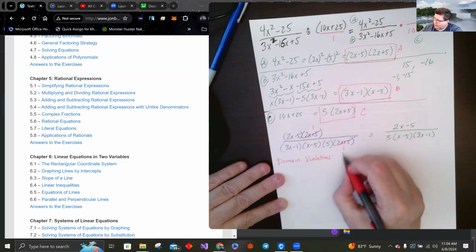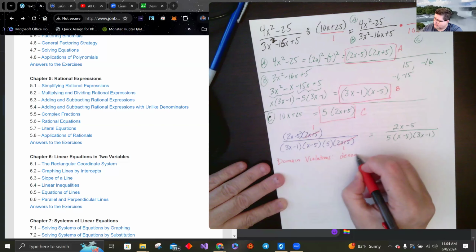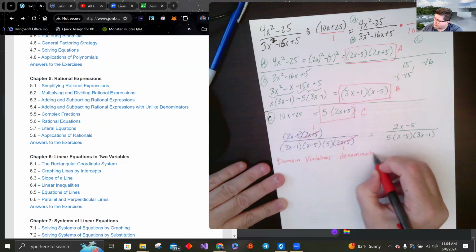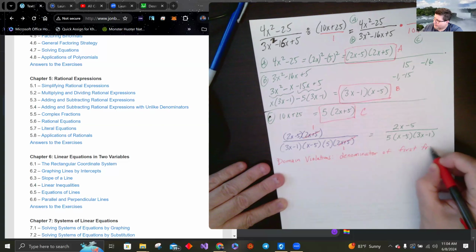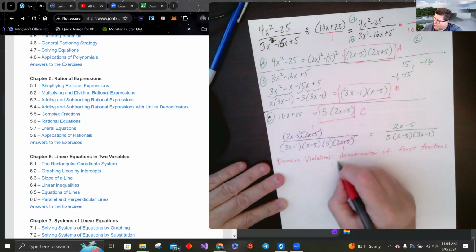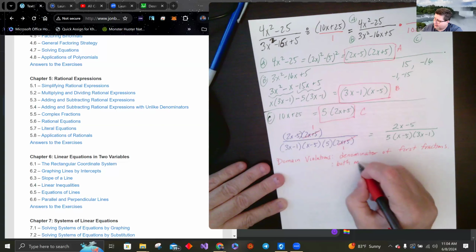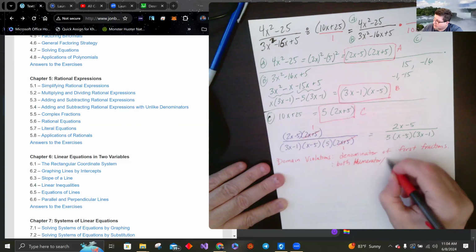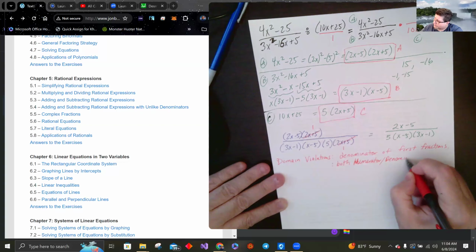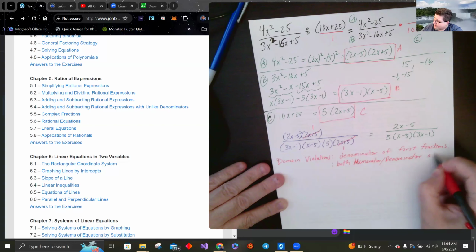are denominator of first fraction, or where do they come from? And then both numerator and denominator of the second fraction.